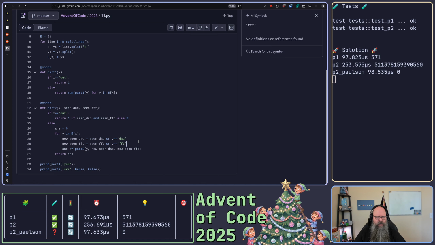That's why. Okay, I won't try it. So why is it working for him? Because you need to know if at any point in your path... so this cache is caching whether you've seen DAC as well as the current node you're at, right? And so that's why that memo is working.